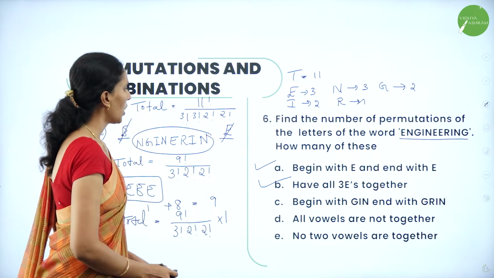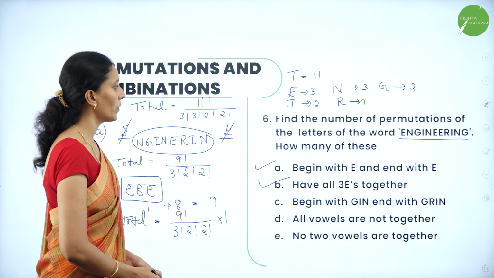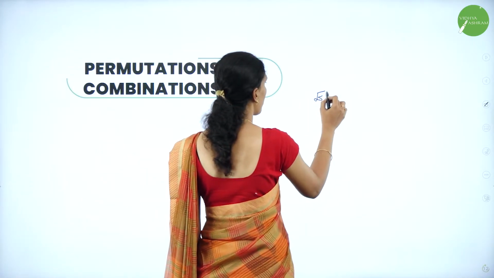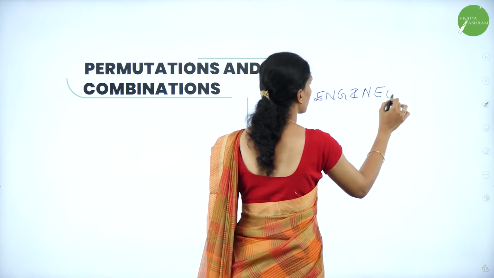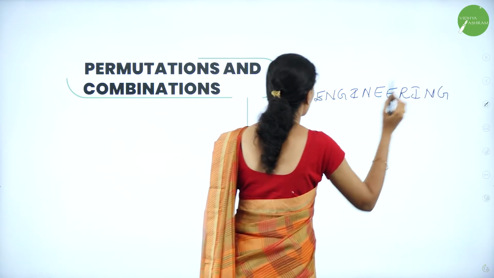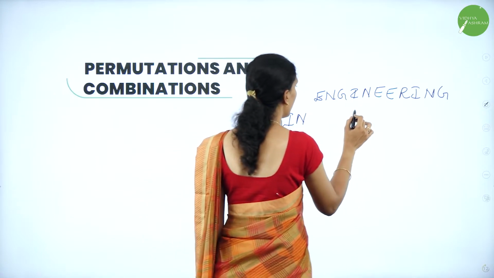Next one, begin with GIN and end with GREEN. Begin with GIN and end with GREEN. So we have, again I'll write here, GIN and GREEN.